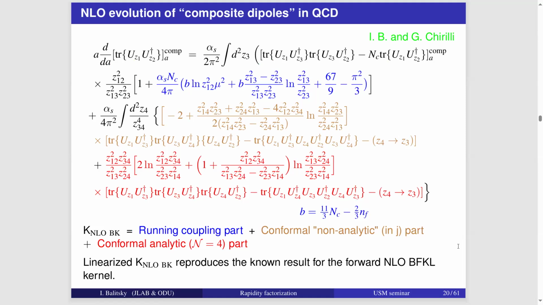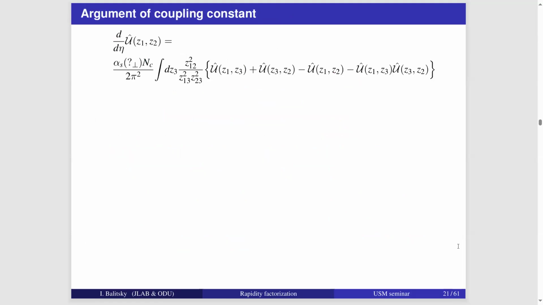One is exactly as in N=4 super Yang-Mills, which was calculated later. And there is one more contribution, which is conformal but not part of the N=4 calculation, which is kind of strange, but, well, life is like that. Just to mention, the linearized kernel reproduced the known result of the forward BFKL kernel obtained by Fadin and Lipatov, Camici and Ciafaloni in 98.